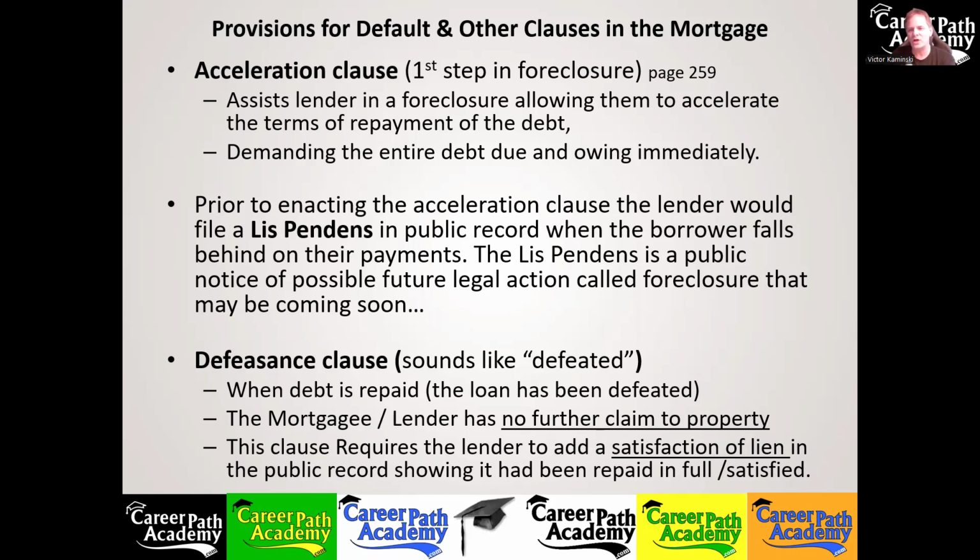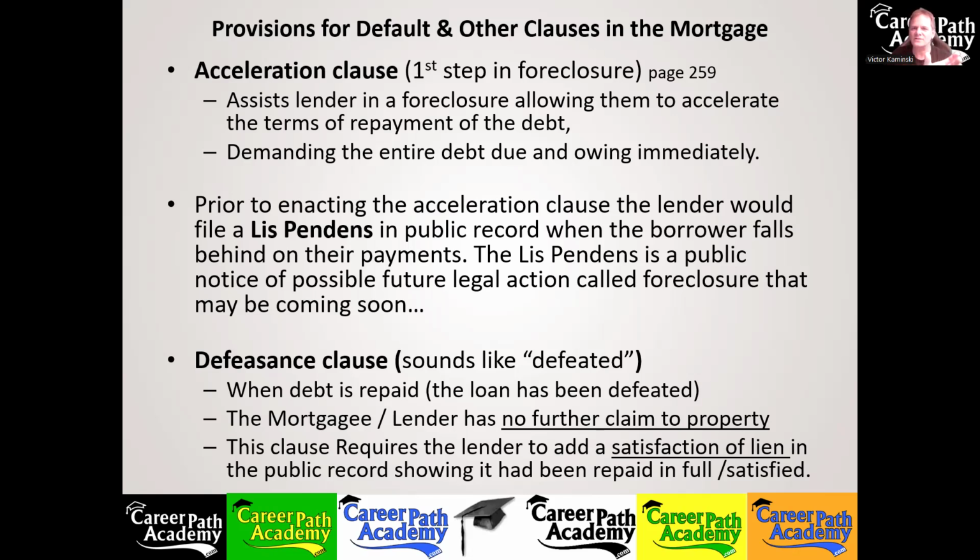You paid off the loan, and the lender has no further interest in the property. So the defeasance clause is what requires the lender to add this additional document into the public record, confirming that you don't owe any money on the loan anymore and they have no interest in the property. Because you've defeated the loan.